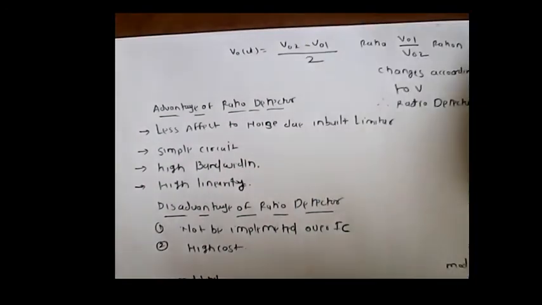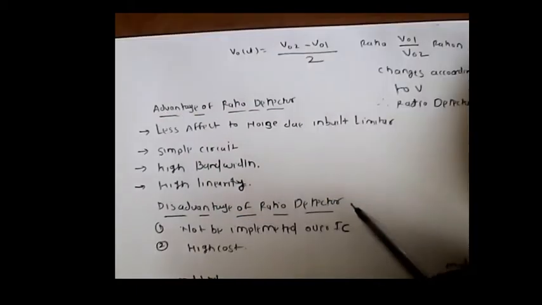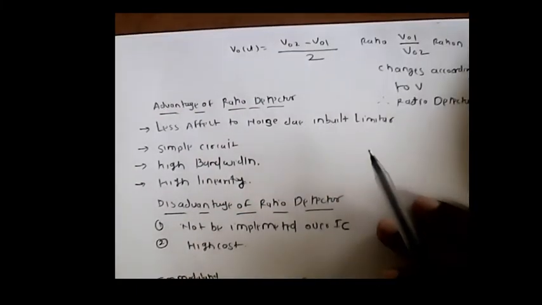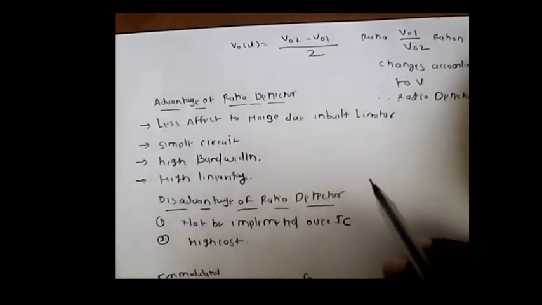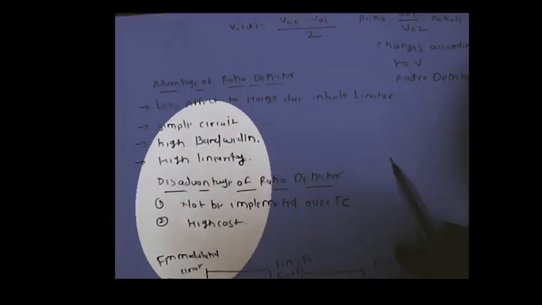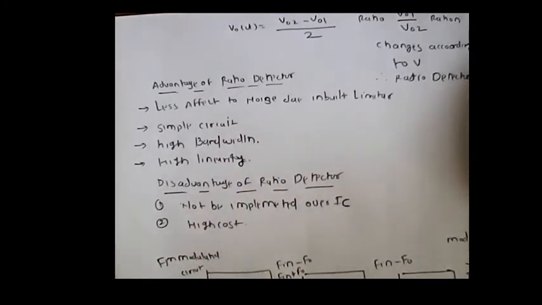So the advantages are less effect of noise due to the inbuilt limiter, a simple circuit, high bandwidth and high linearity. The disadvantages are that it cannot be implemented on an integrated circuit, and high cost. These are the drawbacks of the ratio detector.